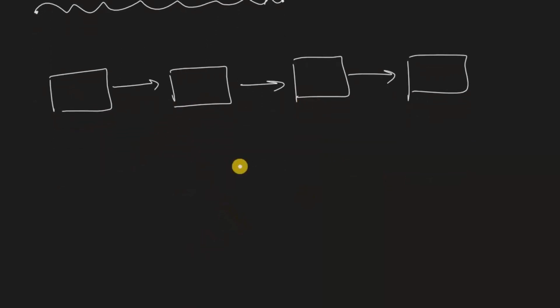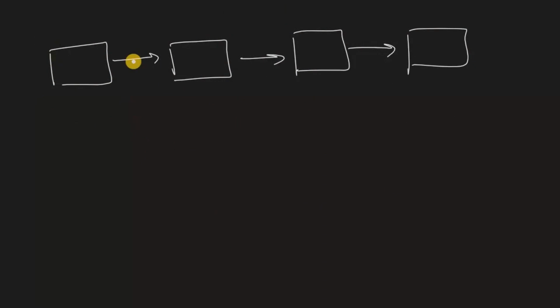Okay, so now, these elements, you do not call them elements in a linked list. These elements are called nodes. A node contains two important parts, and you need to know this very well: it contains data, and it has a reference to the next field, or you can say the address of the next node.